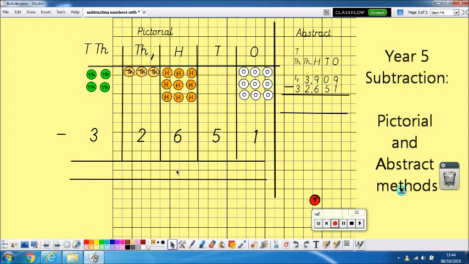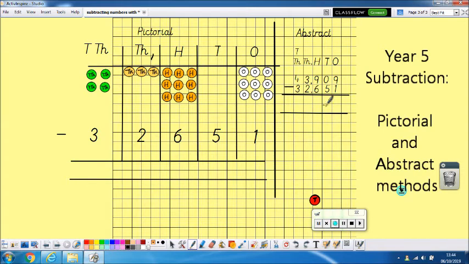I'm going to do my calculation, and with every type of column calculation you always start with the furthest right hand column, which in this case is a 1. And you'll see as well that we don't draw the number we're taking away, we write it down in figures, and it just makes life a lot less complicated because it shows me what I've got to take away.